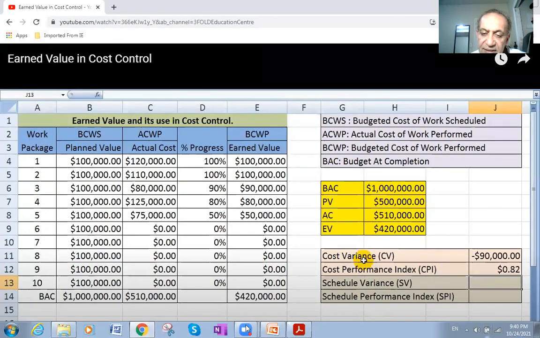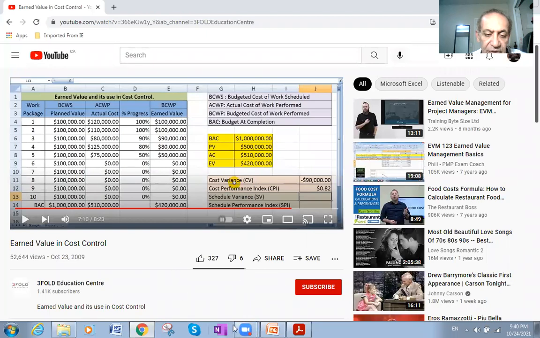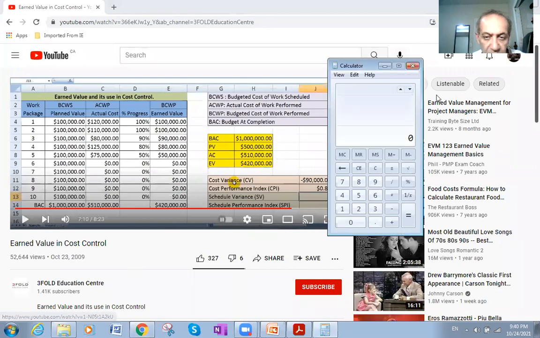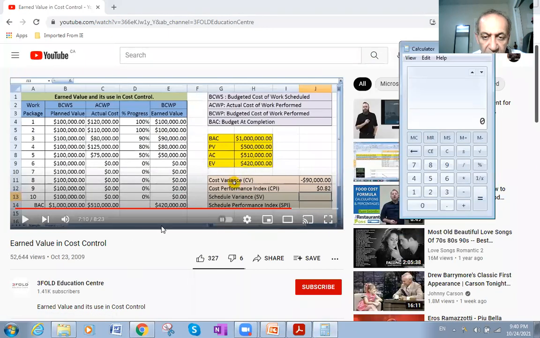Let us get the calculator back. 420,000, of course, divided by 510 equals 0.82, 82%.